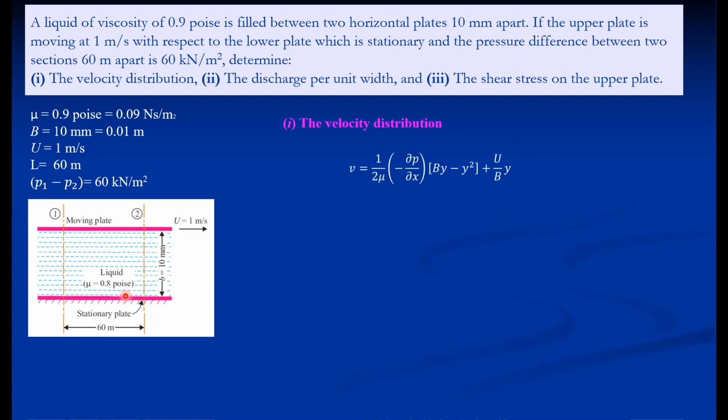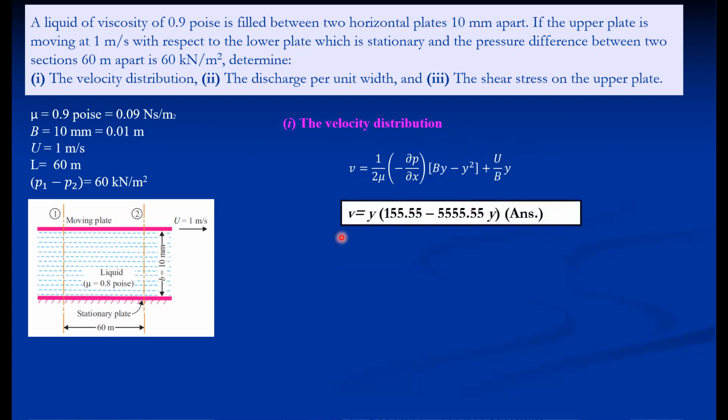The velocity distribution expression is only the addition of this term to the expression for fixed parallel plates. Now, in this case, only y is unknown. We have to develop the expression of velocity. So for the v expression, dp by dx is given, U value is given, B value is given, mu value is given. By putting all these values, we get the expression of v in terms of y.